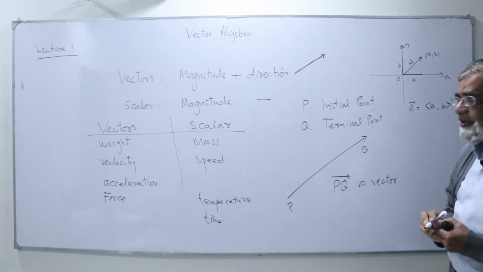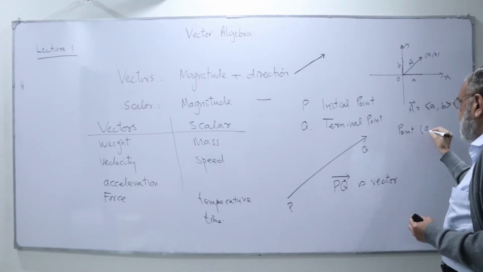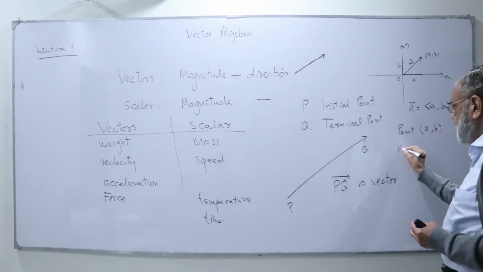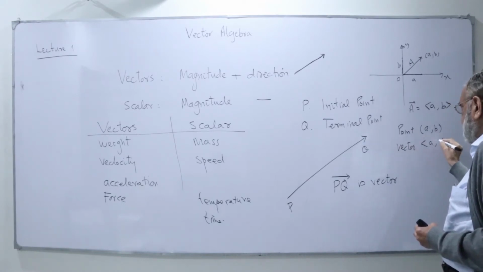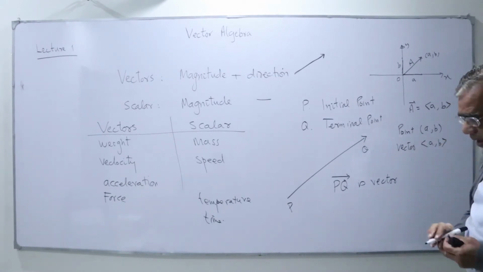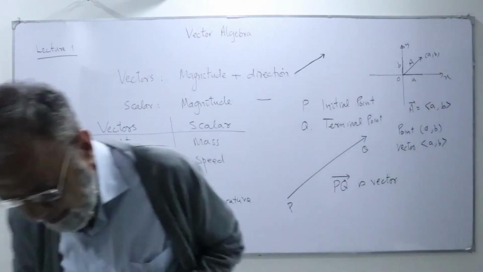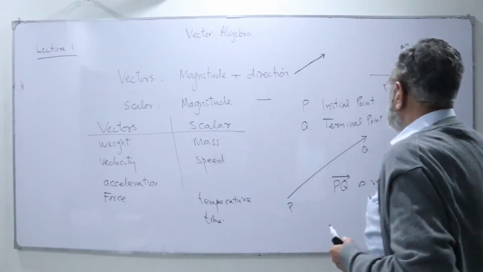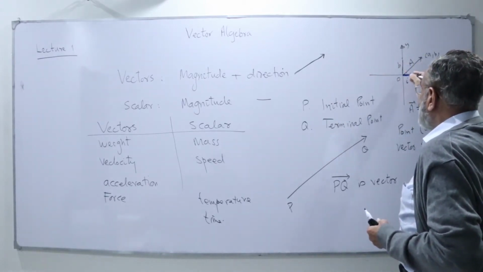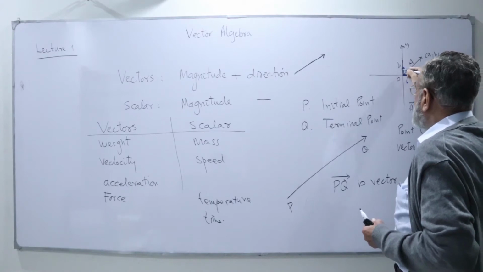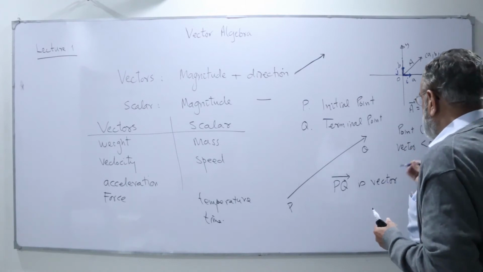I can write in a different way. When you have the point, I write it like this, a, b. When I have the vector, then I write it in brackets like this, a, b. Then we have here a concept which is not new, but something I am going to teach you, the unit vectors. The vector which is representing along the x-axis is my i, and along the y-axis is my j. This means the length of this vector is 1.